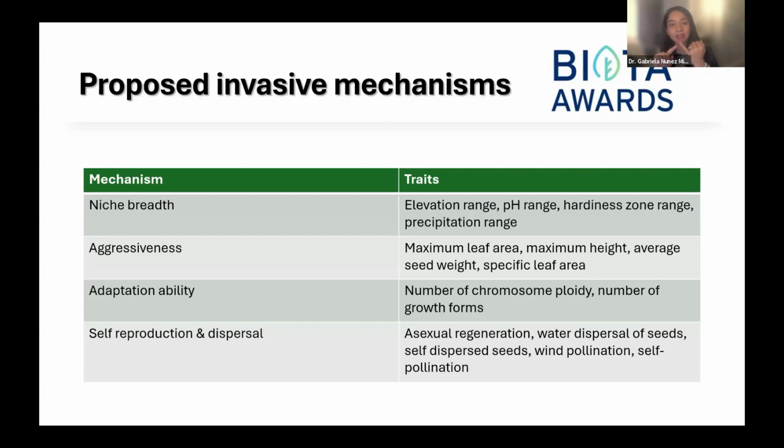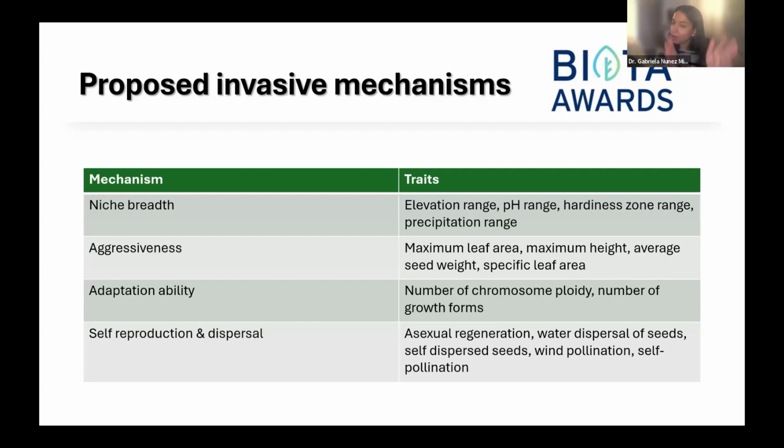So we thought about things like how broad their environmental tolerances are, so their niche, or how aggressive they are, maybe that has to do with it. Maybe it has to do with adaptation ability, or maybe it has to do with self-reproduction and dispersal. As you saw before, invasive non-native woody species were separated from the non-invasive woody species by the fact that they were able to reproduce asexually.